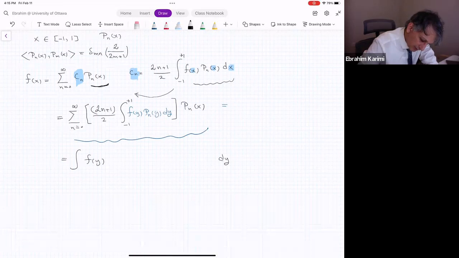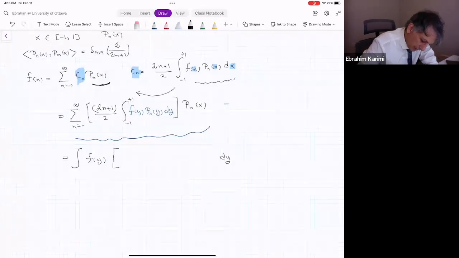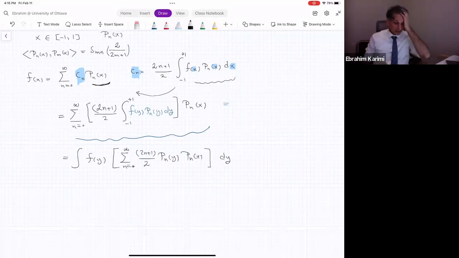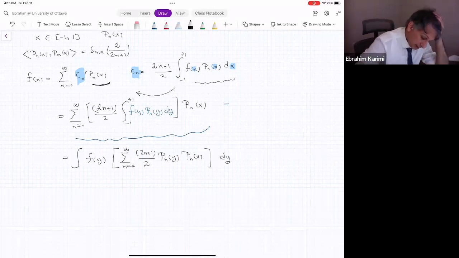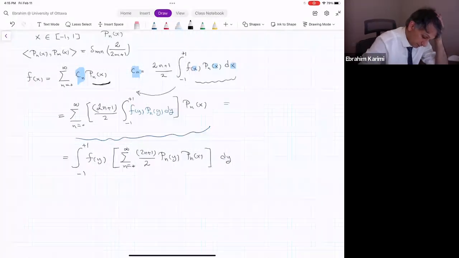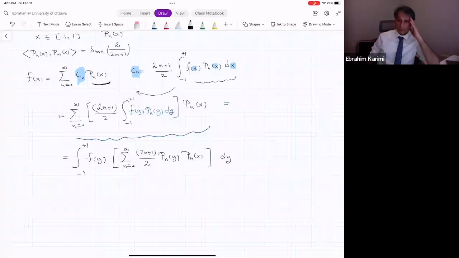Inside of that, everything depends on the n value. So inside of this, I have the summation of n from 0 to infinity of (2n+1)/2 Pn(y) Pn(x). Again, the interval of y is from -1 to +1. Is that clear?